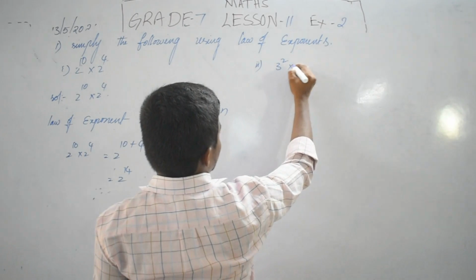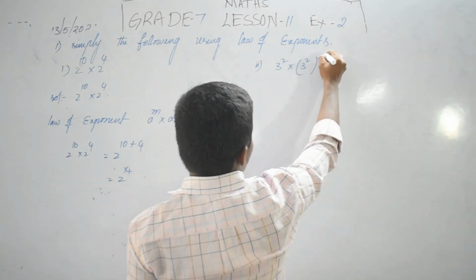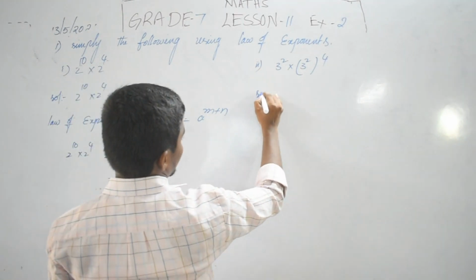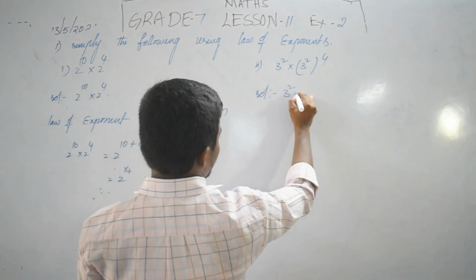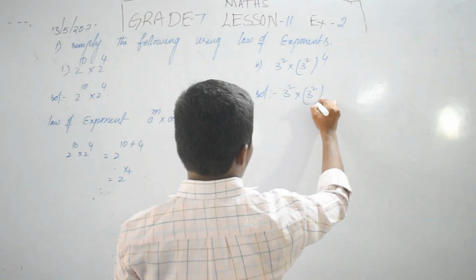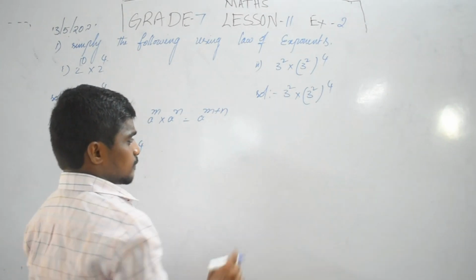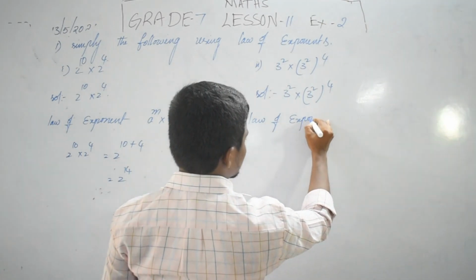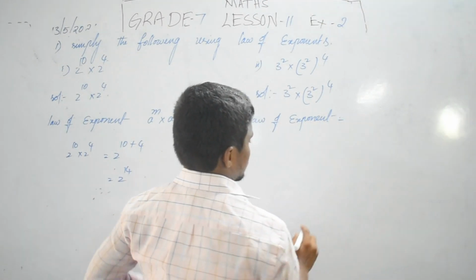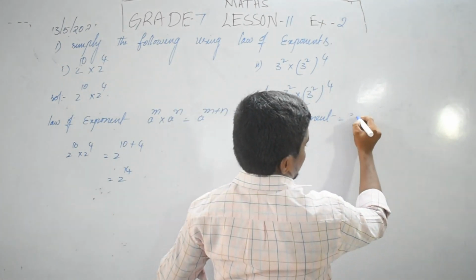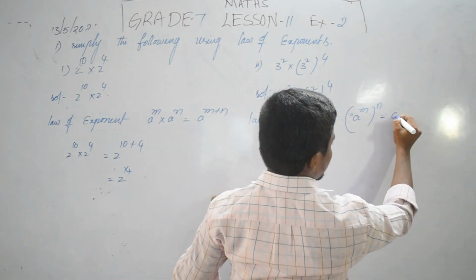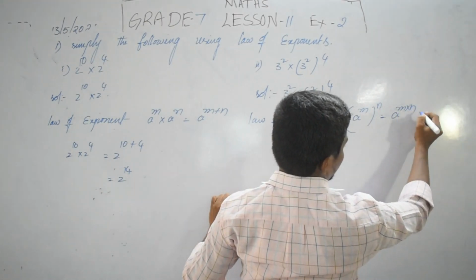Next one, here see, 3 square times 3 square, whole power 4. Here there are 2 laws. This is one law of exponents: a power m whole power n equals a power m into n.